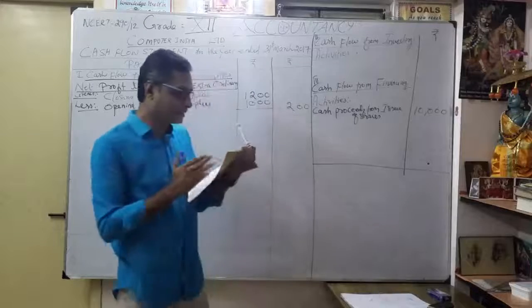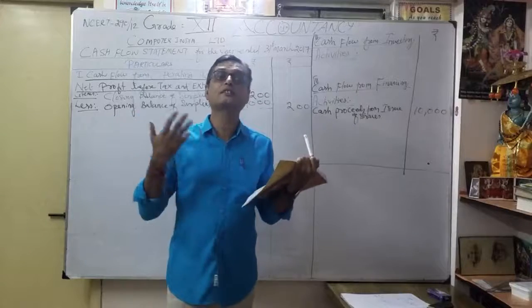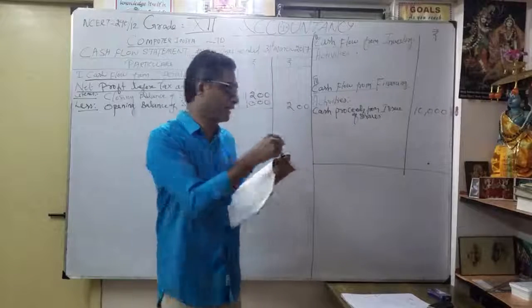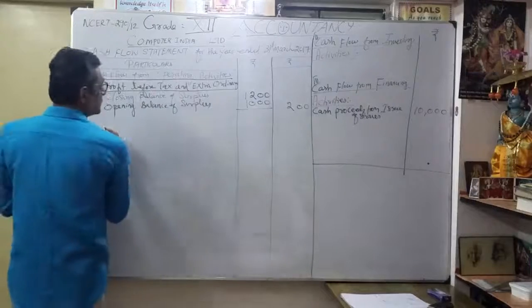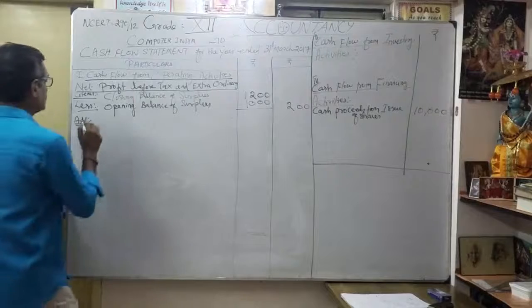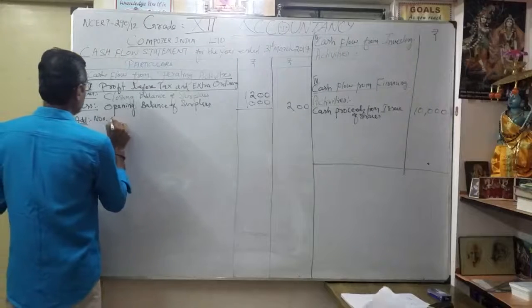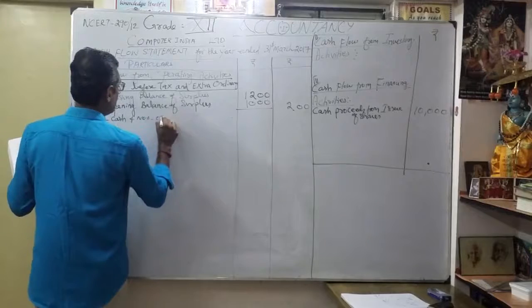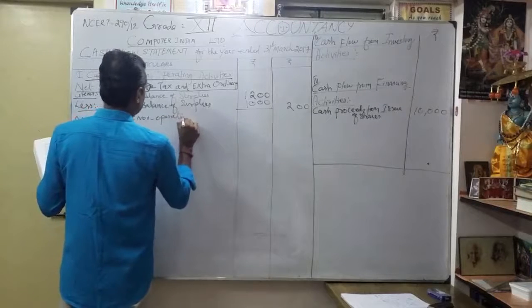Then you will see general reserve. 2016 was 2000, now 2017 becomes 2500. You know where we are going to write this? We are going to add non-cash and non-operating items.